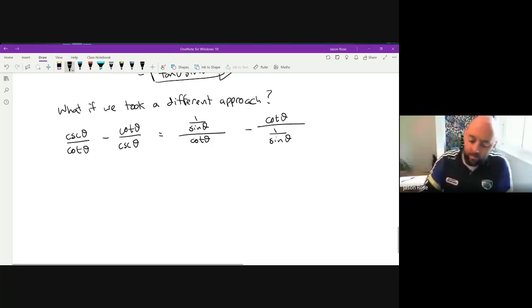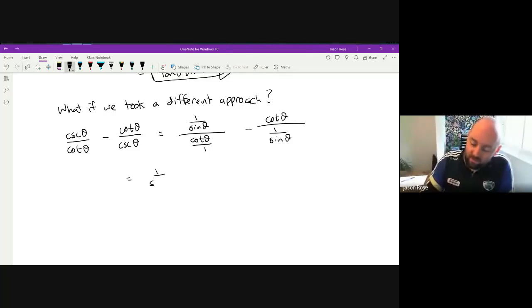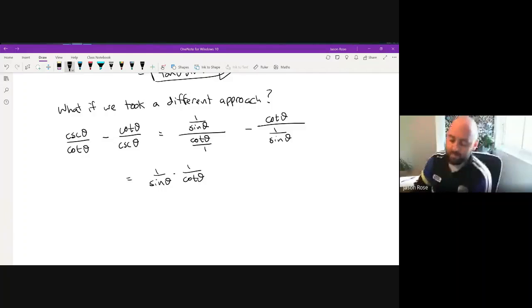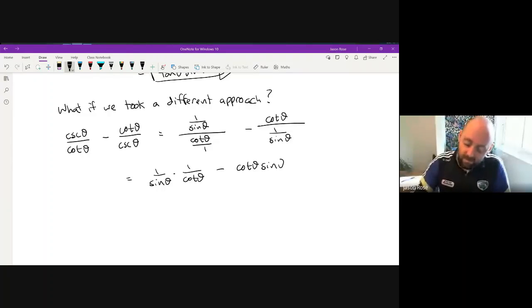And then maybe do some work with the fractions here and say this is 1 over sine theta times 1 over cotan theta. Over here we have cotan theta multiplied by sine theta if you multiply it up.